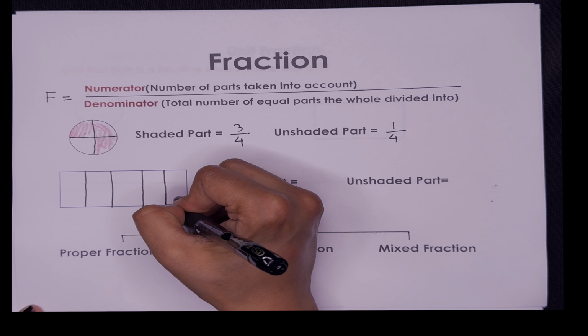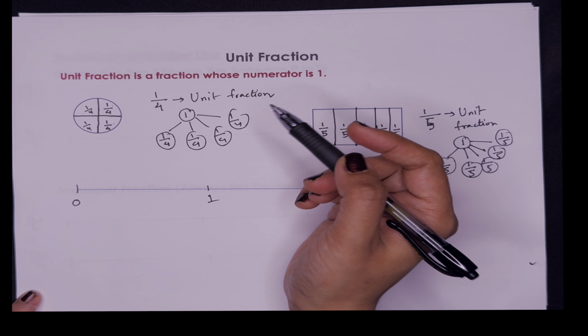And let's put the unit fraction on a number line. This is 0, this is 1, this is 2, this is 3. Now, take the example of this one. Each 1 by 4 is a unit fraction and 4 of them make the whole.